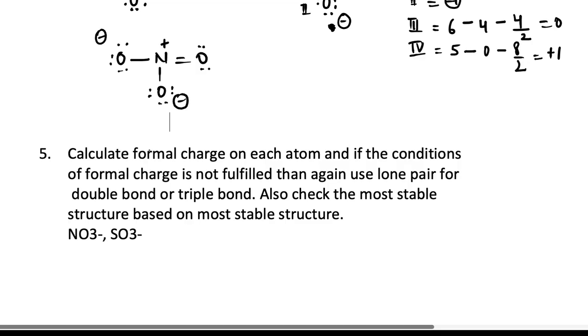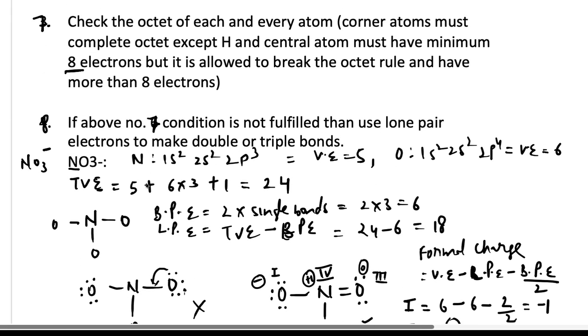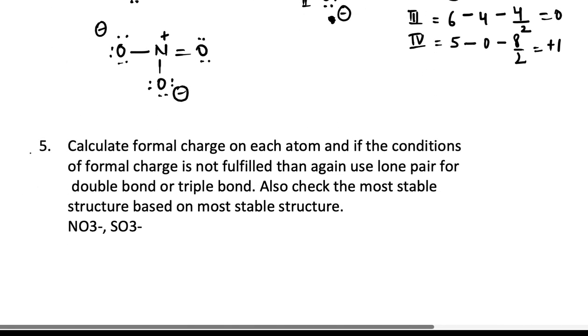Then the next rule, this is rule number 9. Calculate the formal charge on each atom, and if the condition of formal charge is not fulfilled, then again use lone pair for double bond or triple bond, and also check the most stable structure based on the formal charges.